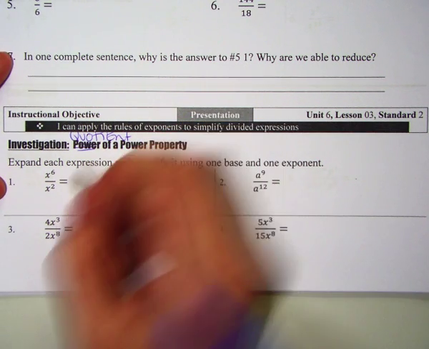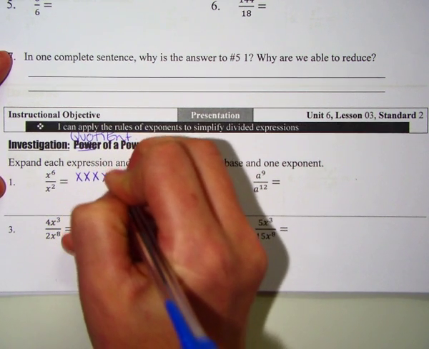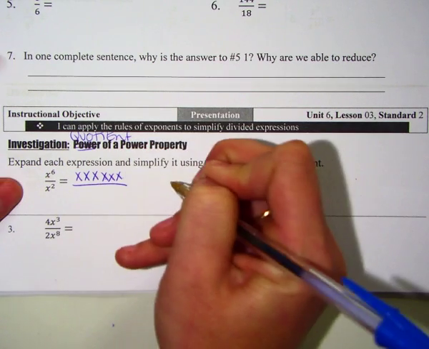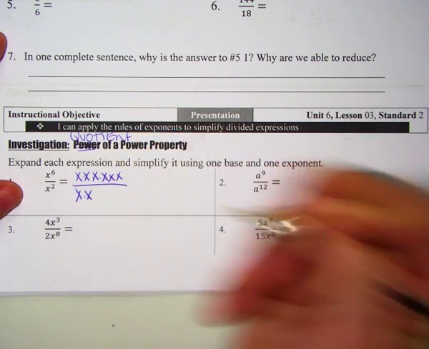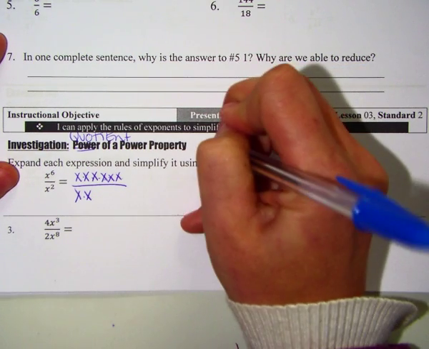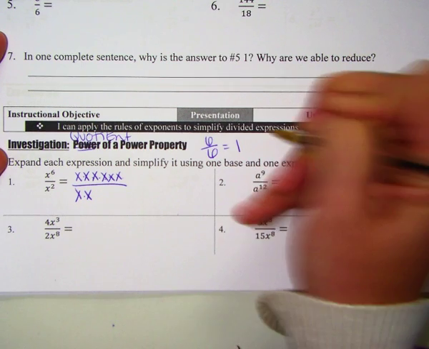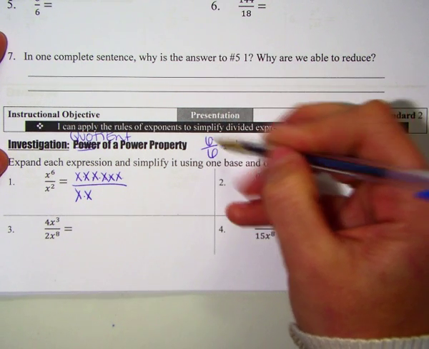Okay? So to expand it, x to the 6th is written as x times x times x, 6 times. And then x squared is x times x. Now, if you remember from the launch, things like 6 divided by 6 equals 1, because anything divided by itself is 1.